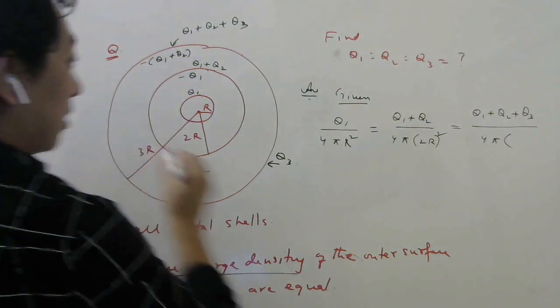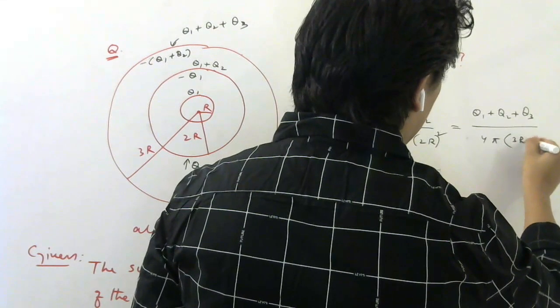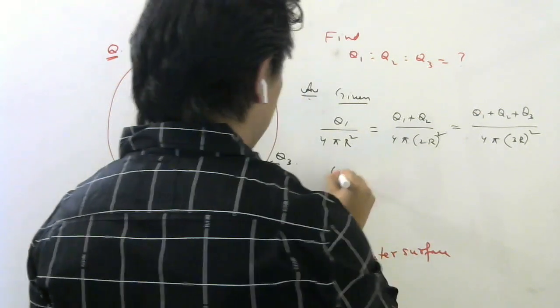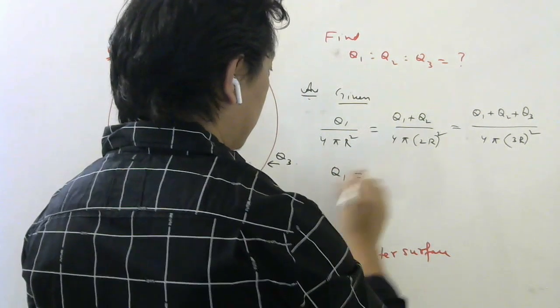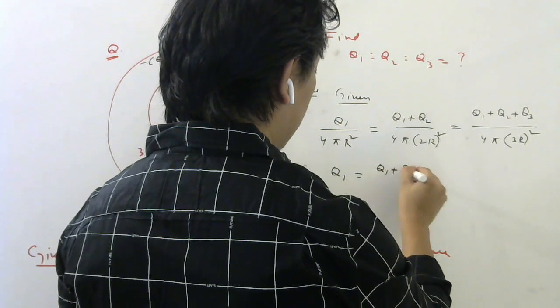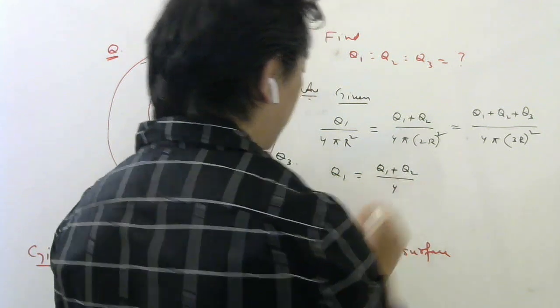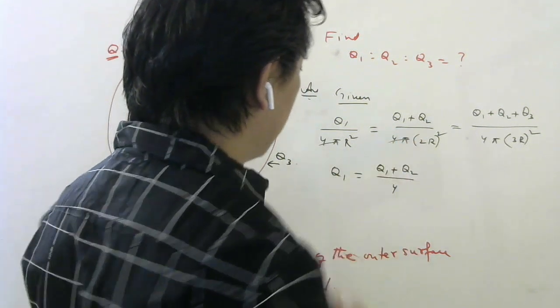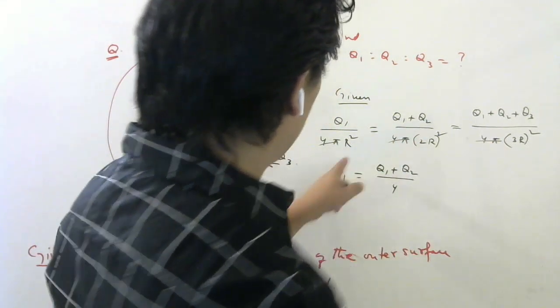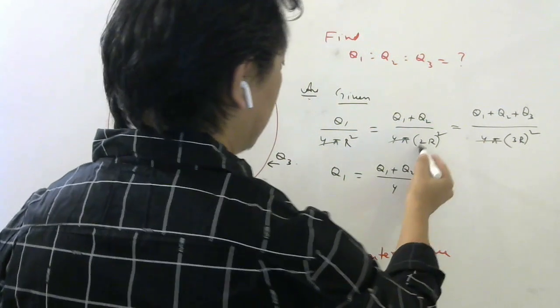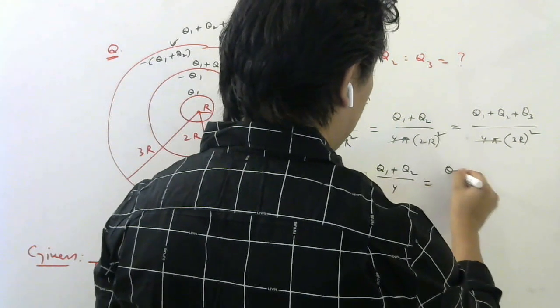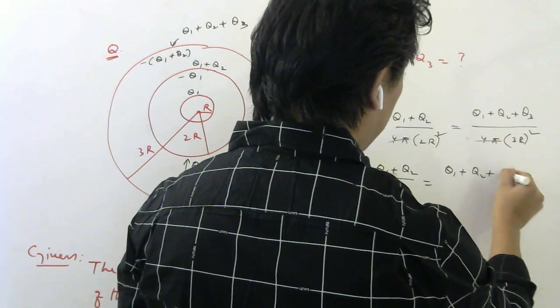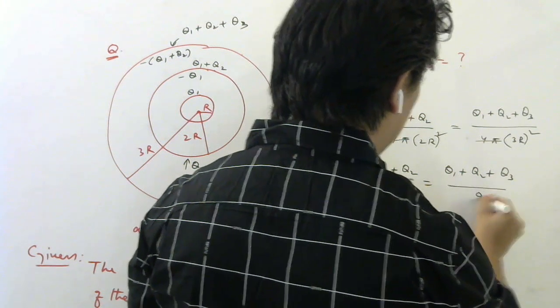What is the radius? 3r. This is 3r square. So this will give me q1 is equals to q1 plus q2 divided by 4, right? Because this 4 pi can be cancelled. R square can be cancelled. So 2 square will be 4, and here q1 plus q2 plus q3 divided by 9.